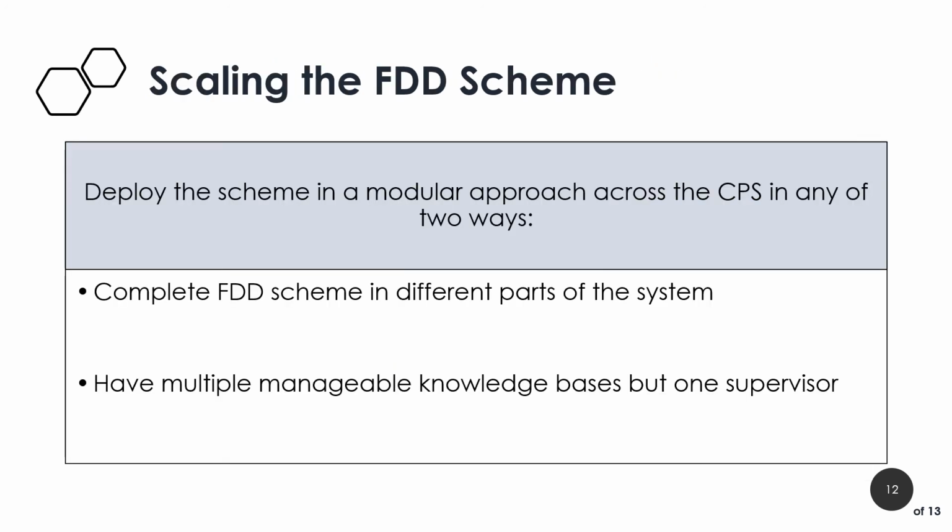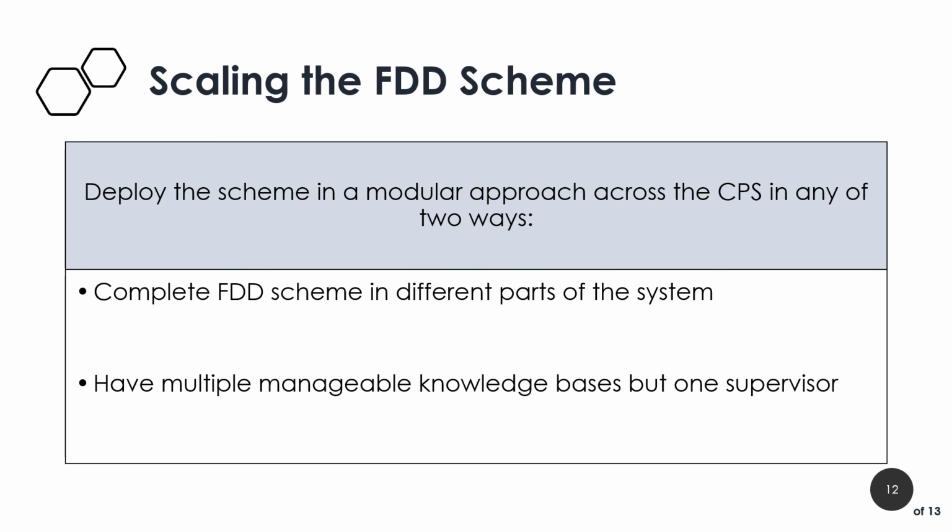Now we had to consider options for scaling up our scheme. How do we deploy this scheme to a larger system? We think the best approach would be a modular approach across the cyber physical system, and we can do this in 2 ways. One way will be to have the complete fault detection scheme in different parts of the system, and that way we can scale it up.